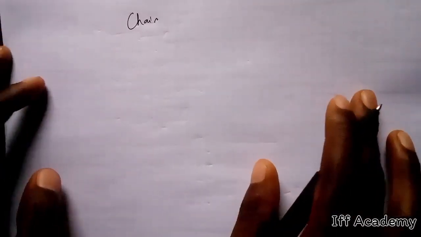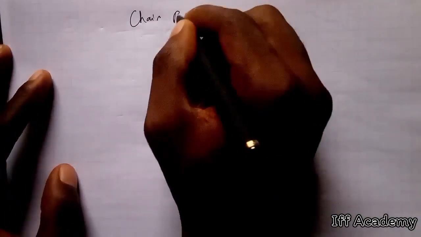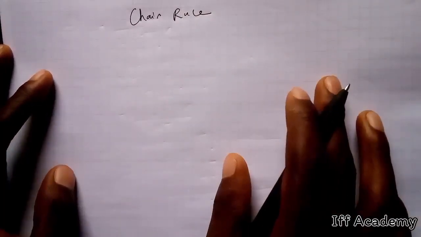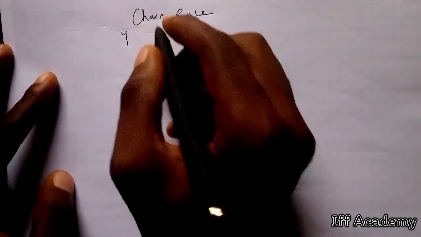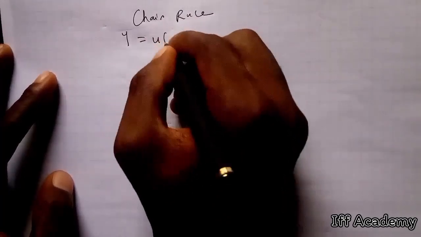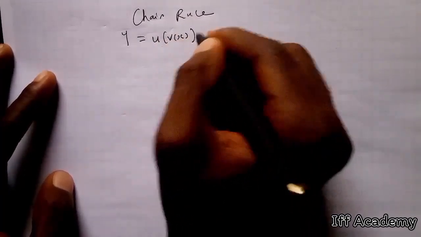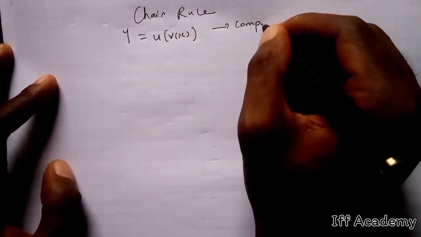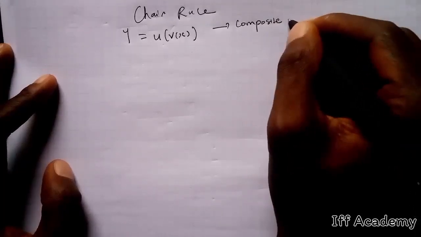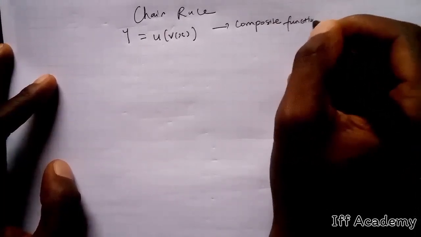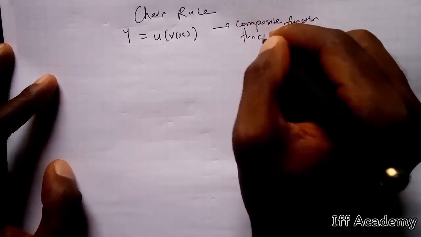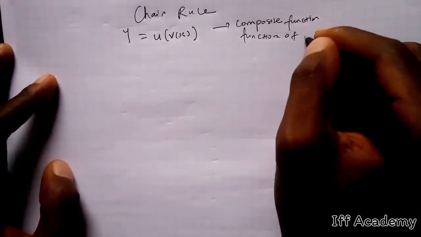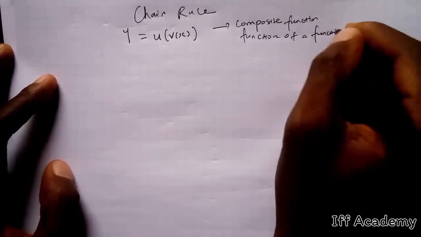So for chain rule, if I have y equals to u v of x, right? That's a function inside another function, or a composite function, or function of a function.